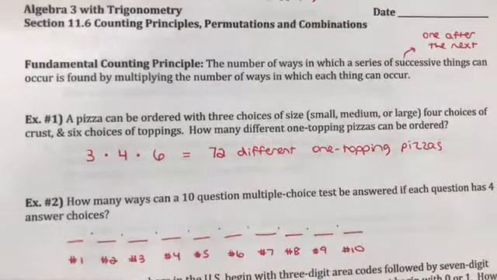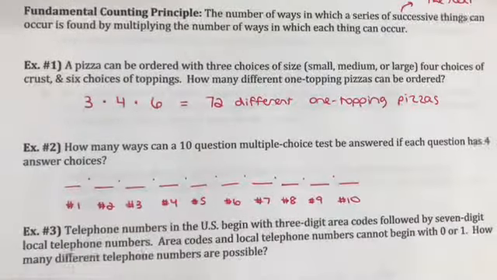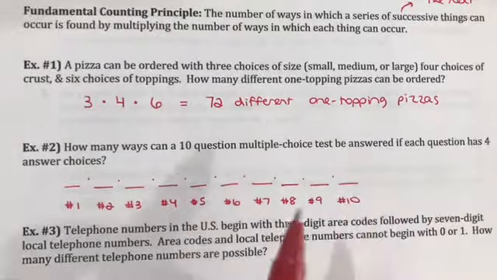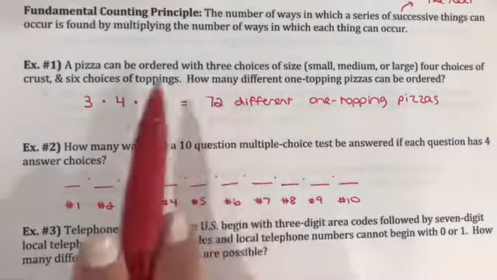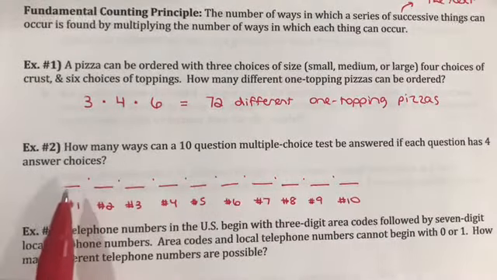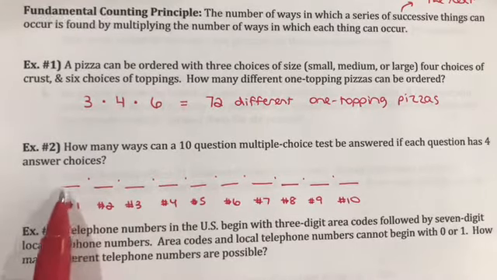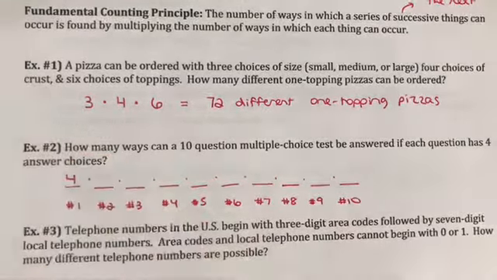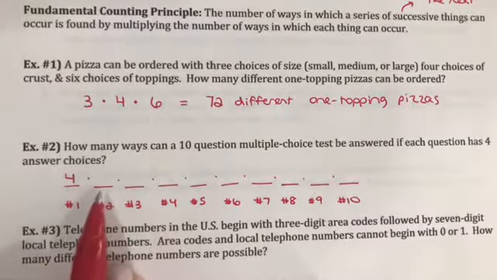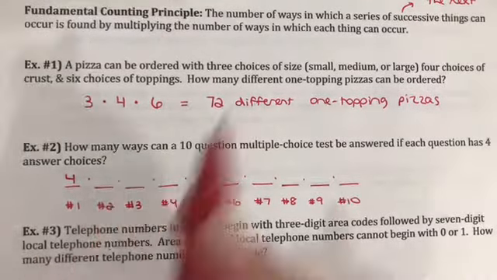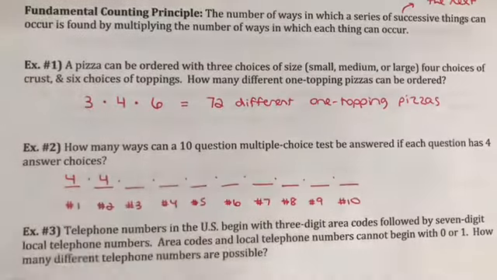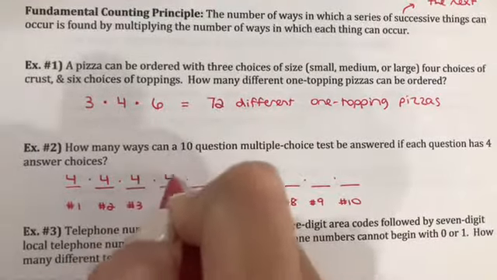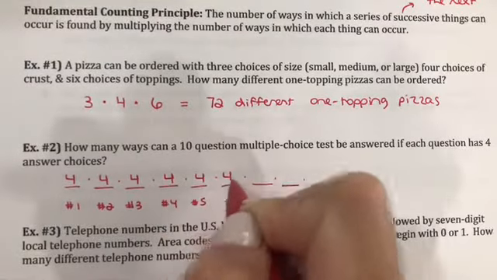Okay, so we have 10 different questions here. And we need to figure out how many ways each problem can occur. Well, if I have 4 different answer choices, there are 4 different options here. Likewise, for the next one, when I go to number 2, I still have 4 choices. Let's say it's A, B, C, and D. And the same is going to hold true for all of these.